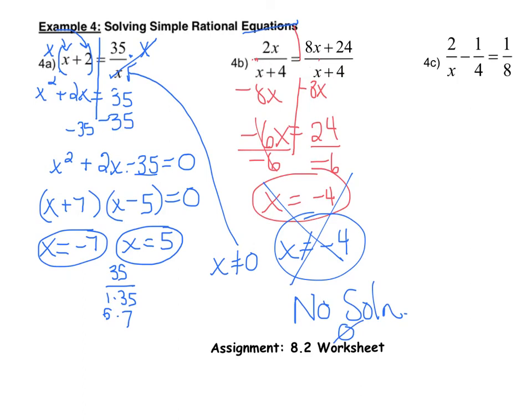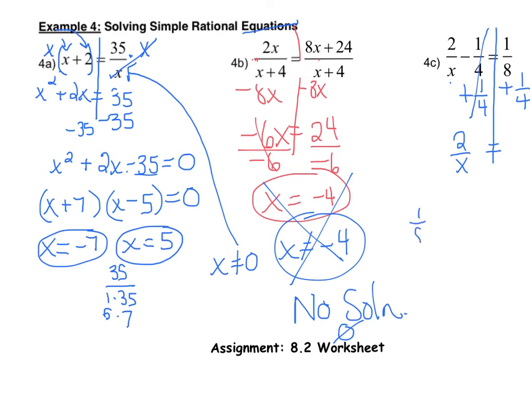All right, very last one. We have an x in the denominator on this side. Well, there aren't any other x's in sight, so why don't we just move that minus 1/4 over? We'll move it over by adding 1/4 to both sides. So those will cancel out, and we'll have 2 over x equals, okay, now we have to add fractions.